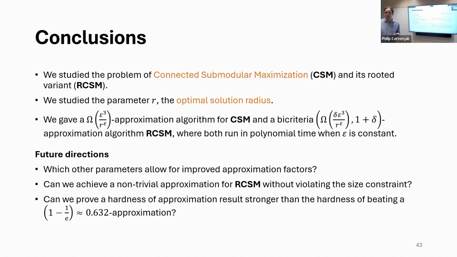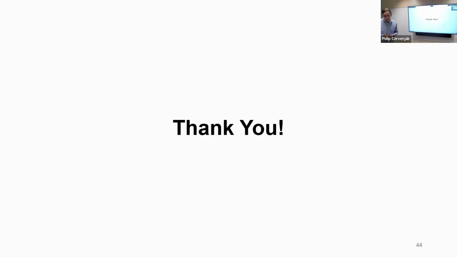But it really looks like the problem is actually much harder than what this result suggests. I highly doubt there's a constant approximation for this problem. So it'll be interesting to see if we can prove something like even a polylog approximation hardness for connected submodular maximization. Okay, so that's all I have to say.